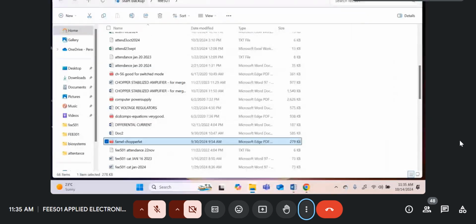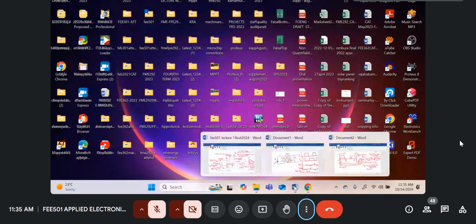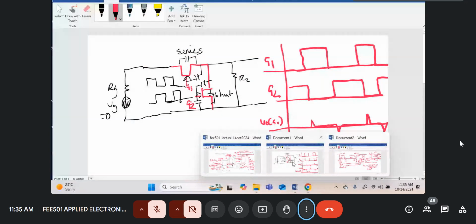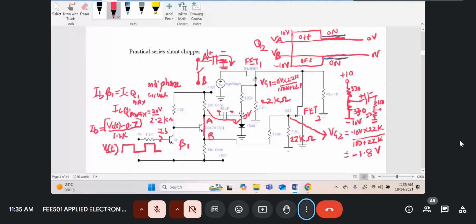So actually in the design, maybe you'll need to change this bottom resistor over here, this 22K, to be slightly higher if you need about 5 volts.